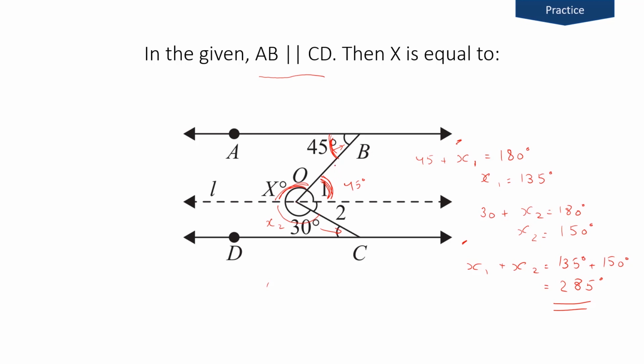We said that corresponding interior angles add up to 180 degrees, but alternate interior angles for parallel lines are always equal. Similarly, this angle 2 is going to be 30 degrees. Either go by using corresponding interior angles or the alternate interior angles, you will get to the same value.